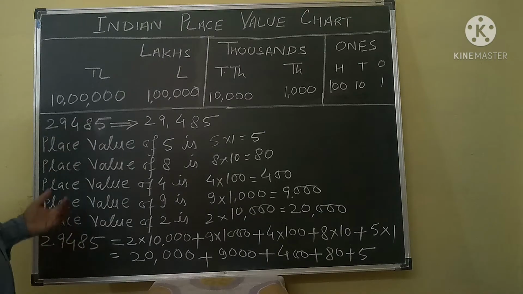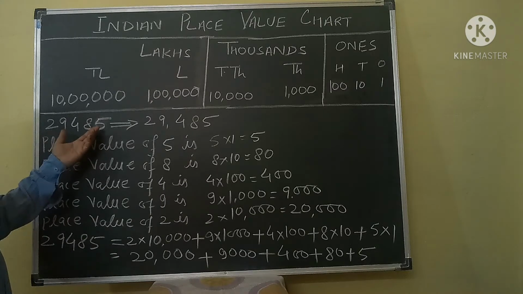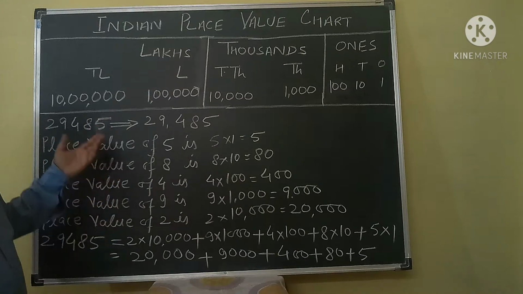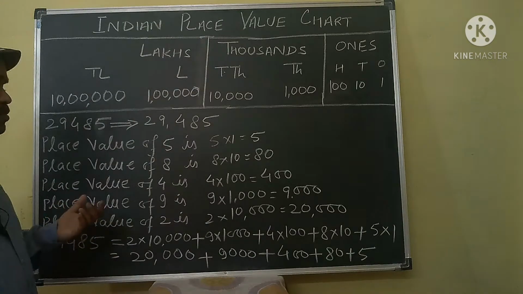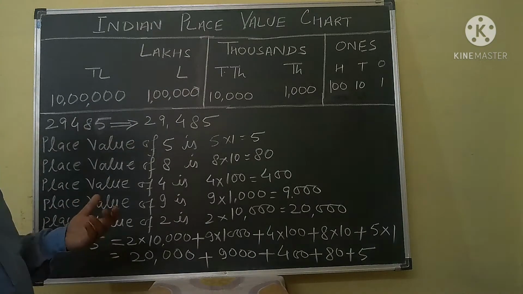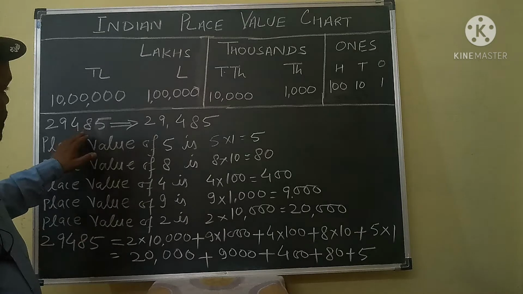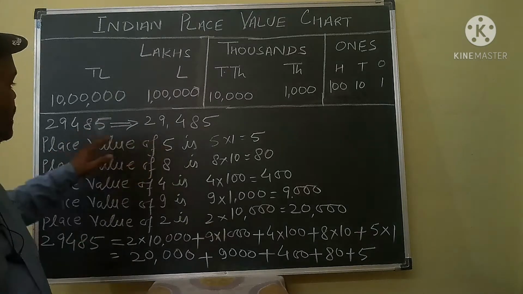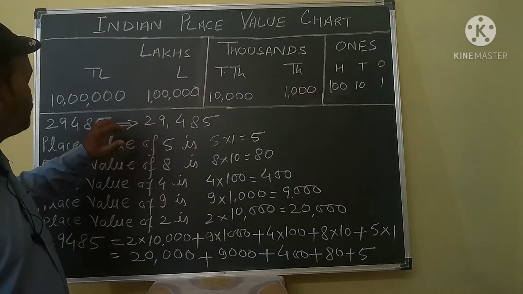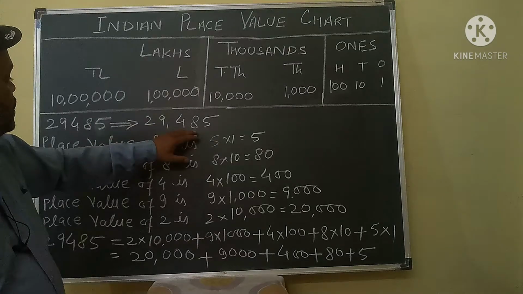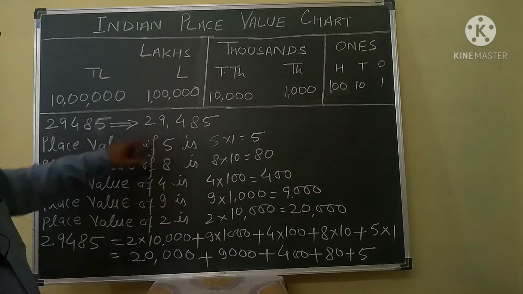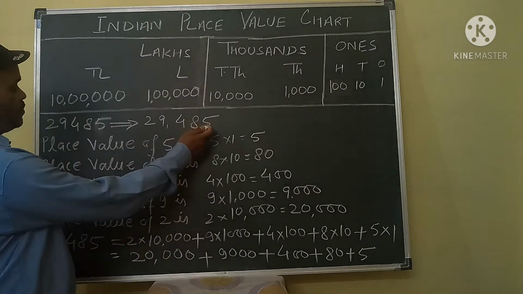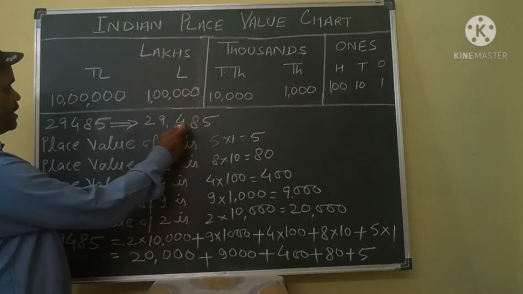So suppose you have one number, 29485. How can you write this number according to the Indian place value system? First, what will you do? As we have already discussed, first we will put the commas according to the Indian place value system. We put the first comma after 3 digits. This is ones, tens, and hundred.